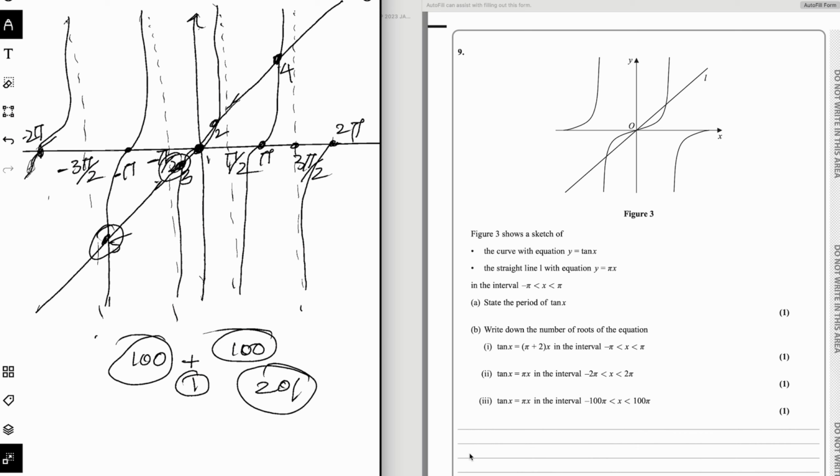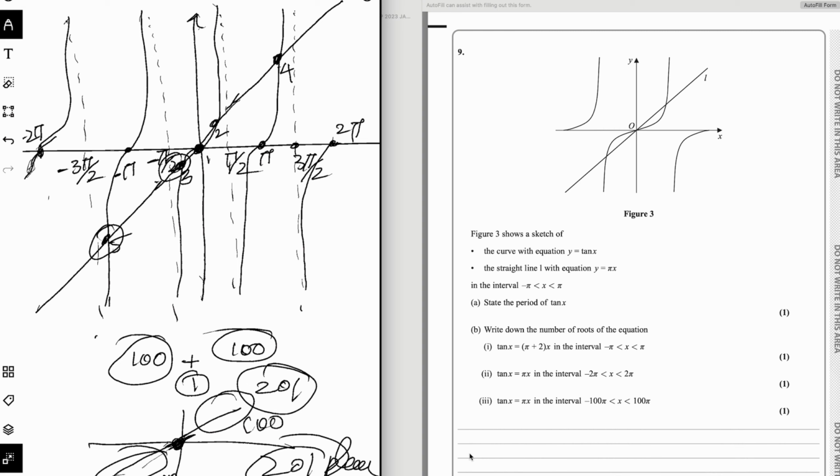For example, for 0 to 2 pi, excluding the origin, it is intersecting at 2 places. So for 100 pi, it is 100 places. This is 1, here 100 places it will intersect, here 100 places it will intersect, so 201 places.